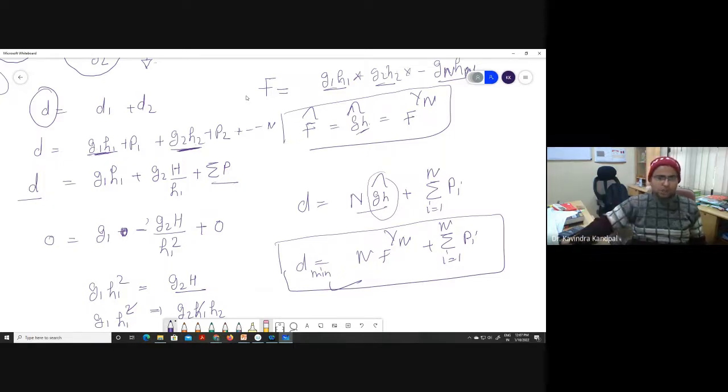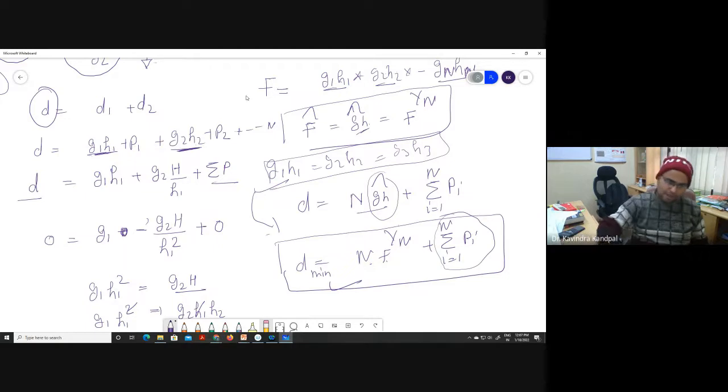It means I need to ensure that G1 H1 should be equal to G2 H2, should be equal to G3 H3. This, as a designer, I need to ensure. If I have ensured this, my delay happens to be n times F to the power 1 by n plus the summation of all the parasitic delay throughout the path. Understood? Yes or no? Yes, sir.